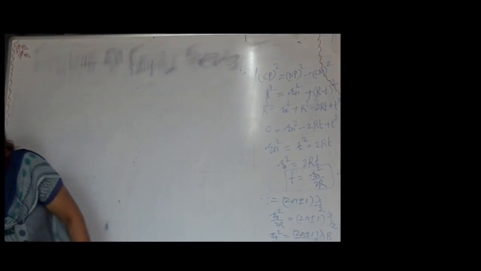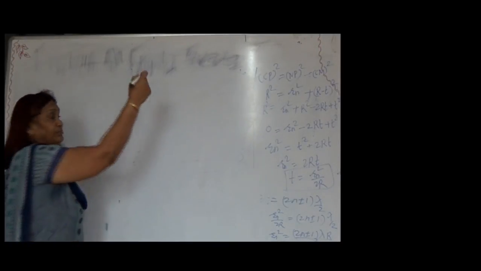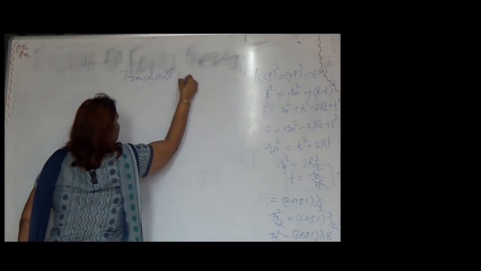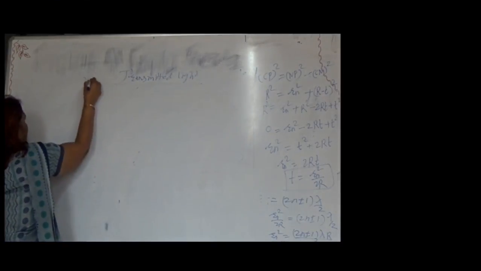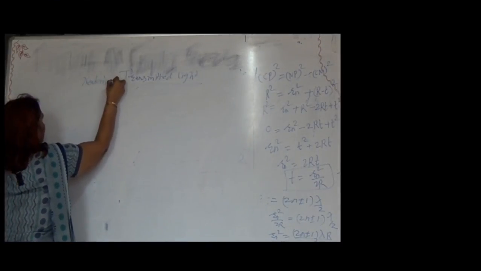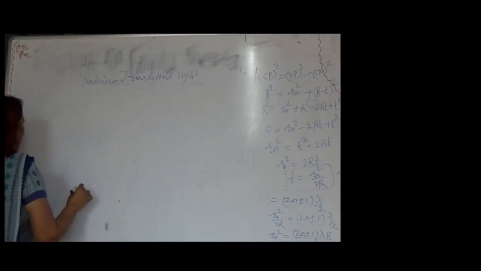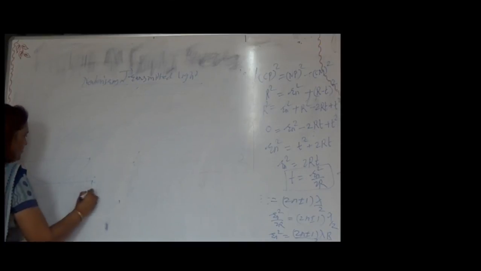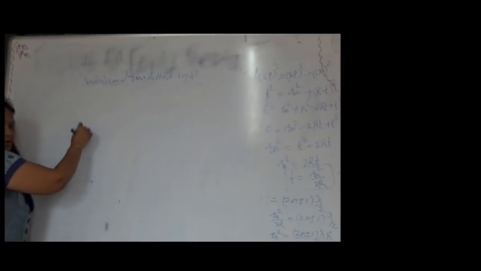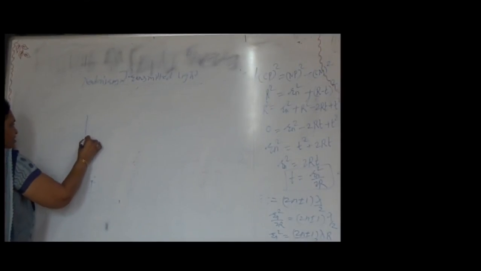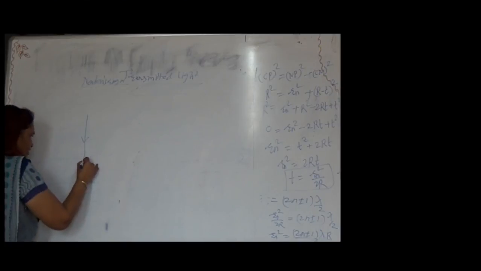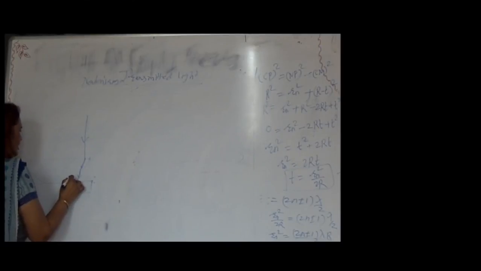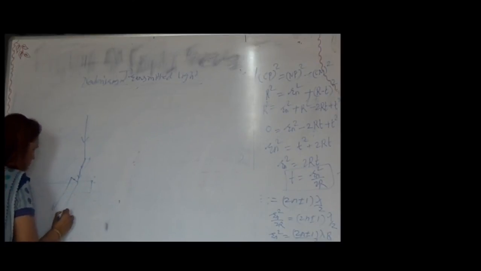So, Newton's rings in transmitted light: here we consider the same thing, a plano-convex lens placed on a plain glass plate. Here the light rays are incident on that one, then reflection takes place, refraction takes place, multiple internal reflection takes place, and the rays emerge out at the bottom.